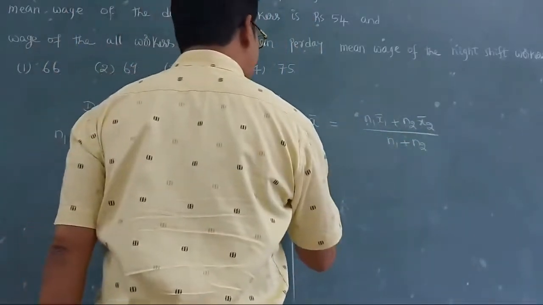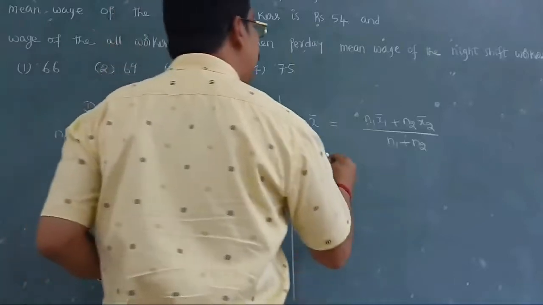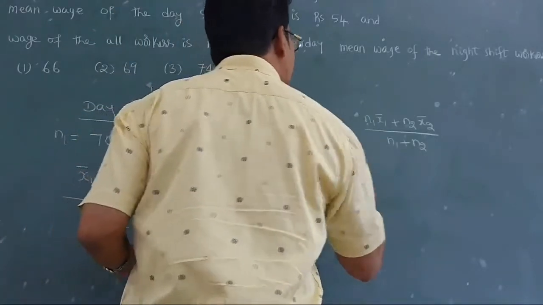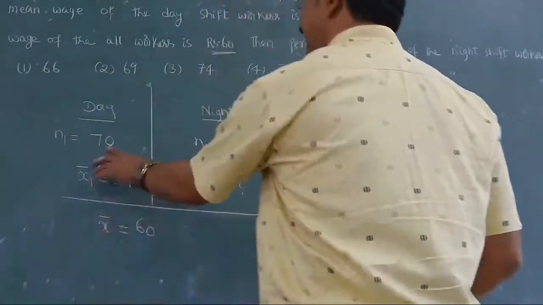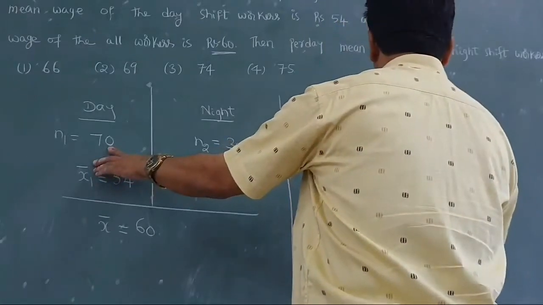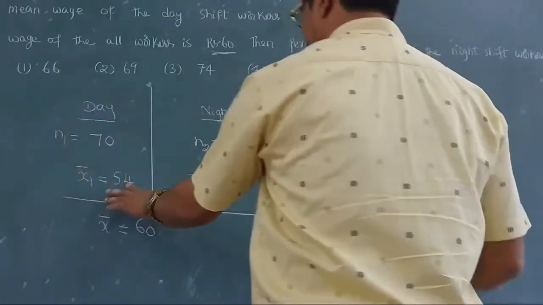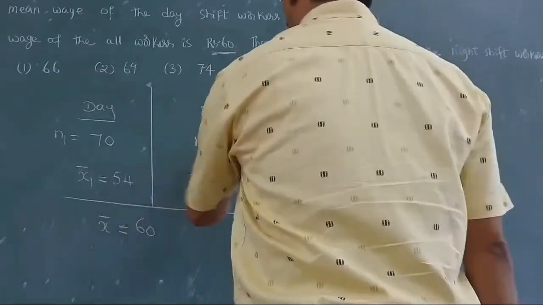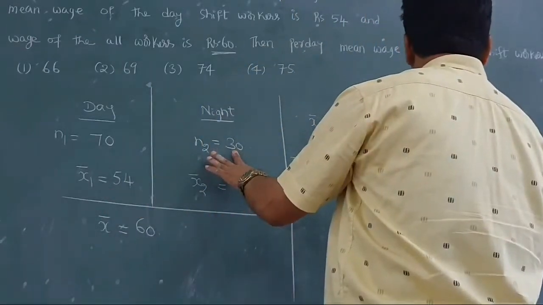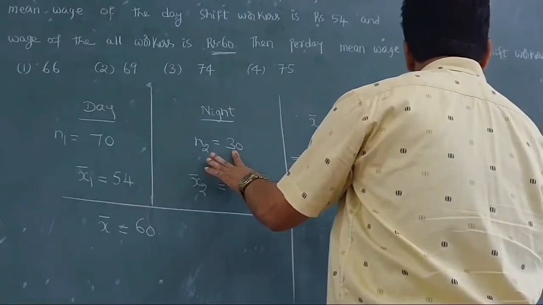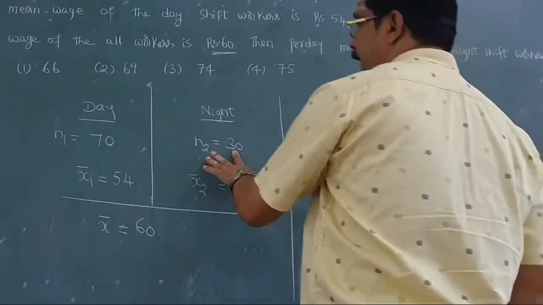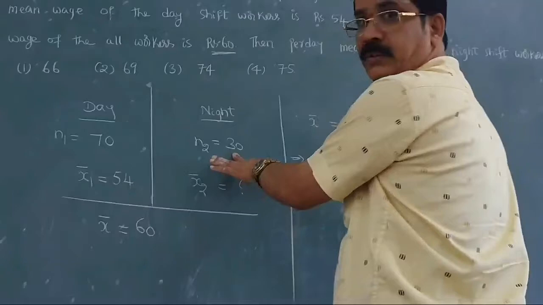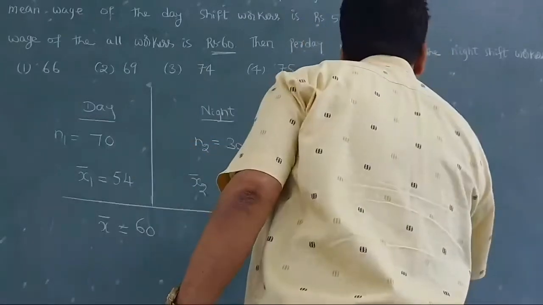So X bar is equal to 60, that is equal to N1 70 into X1 bar 54 plus N2 30 into X2 bar divided by N1 plus N2, 70 plus 30, 100.